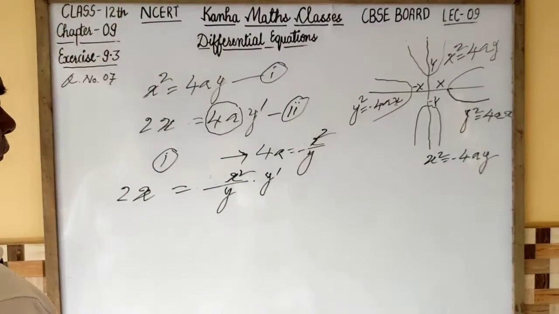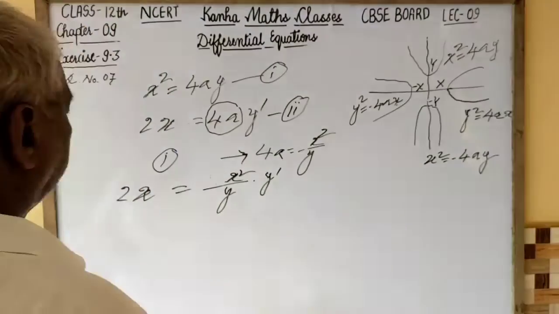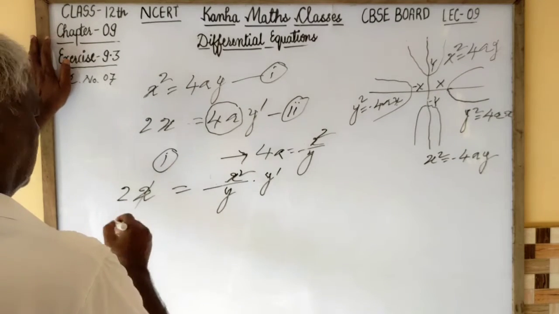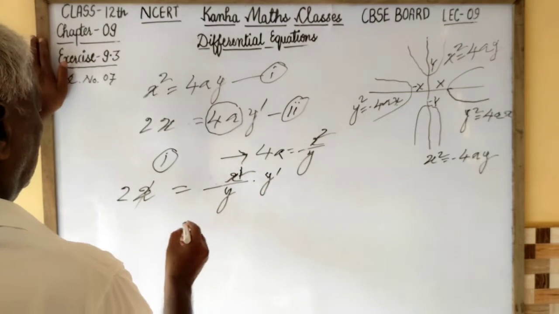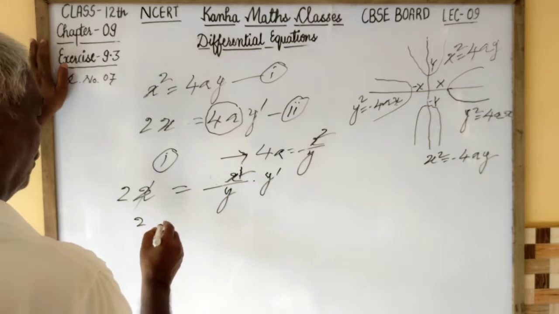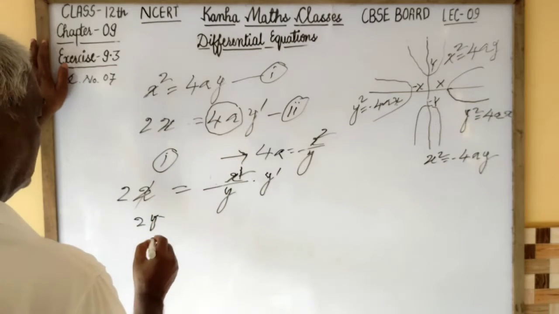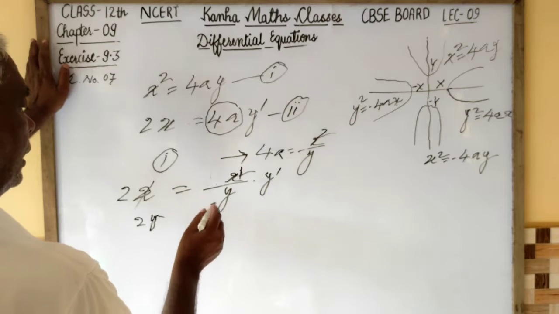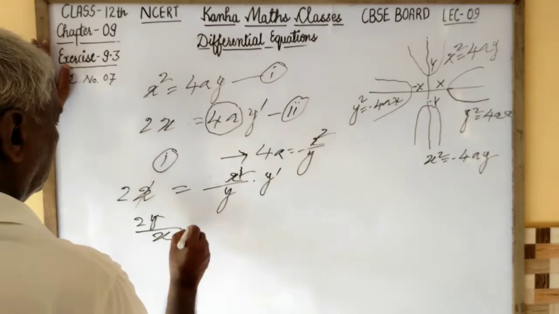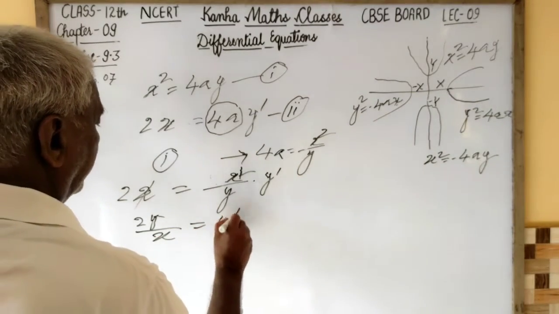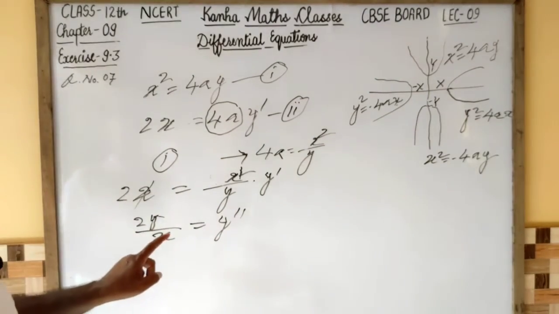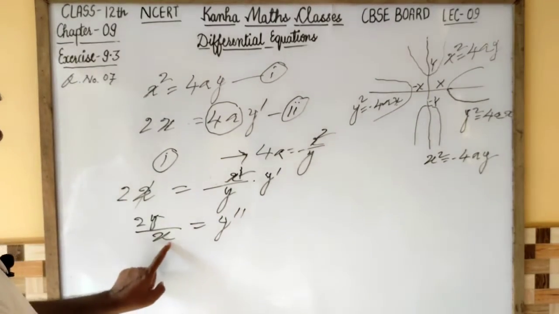This is clear. 2x is equal to x square upon y into y dash. Now x will be cut by this, and this is equal to 2y upon x is equal to y dash.